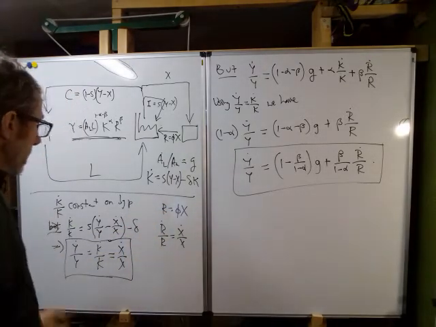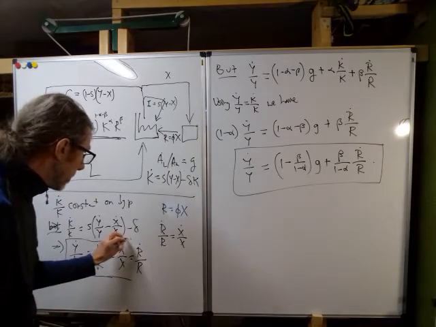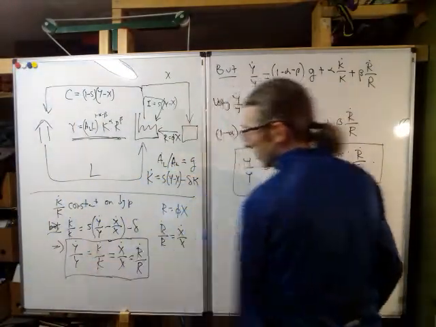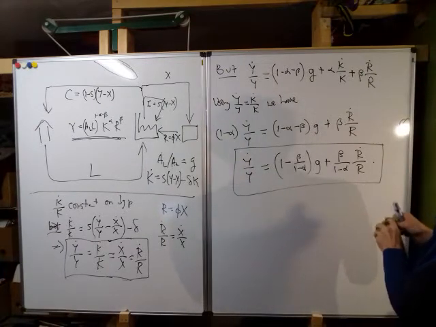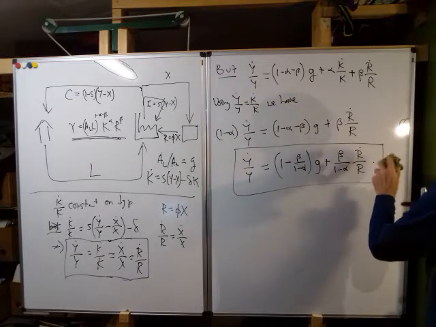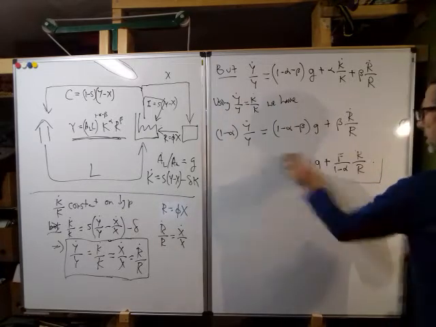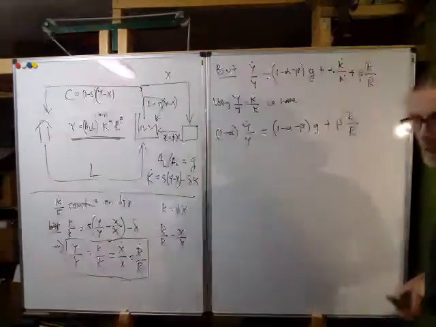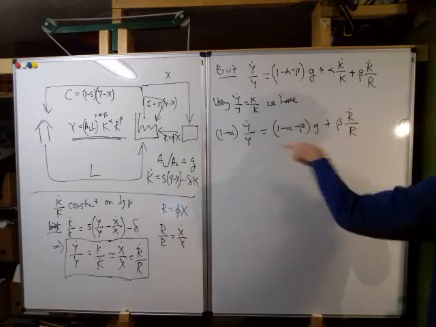So we can add r dot over r to this. So r dot over r is also equal to y dot over y. Let me wipe this, because this is just unnecessary and confusing.